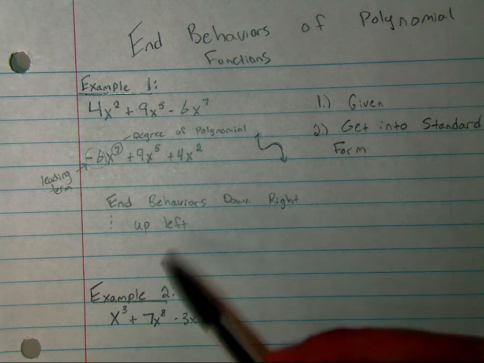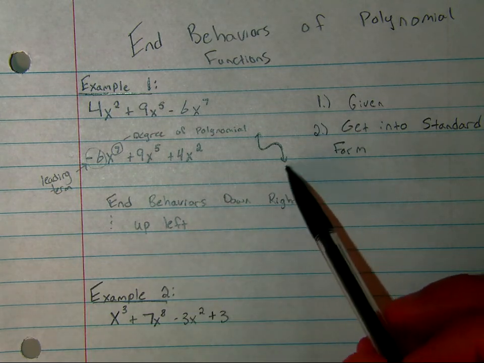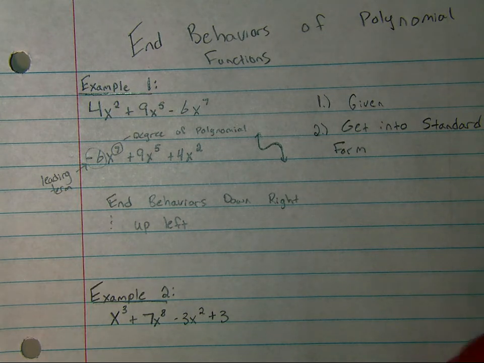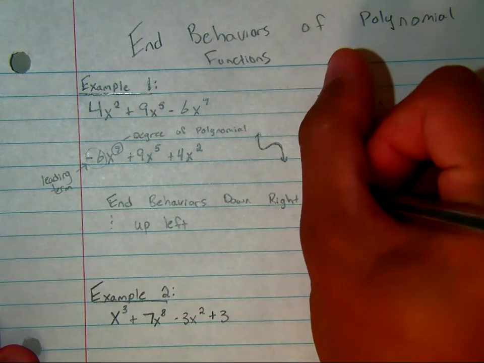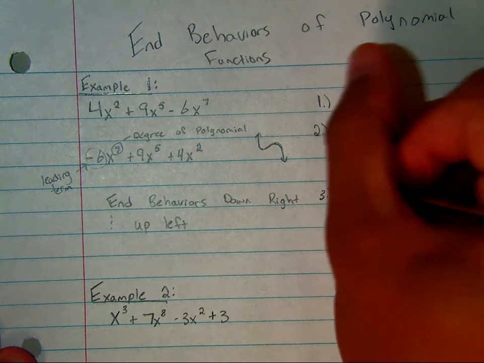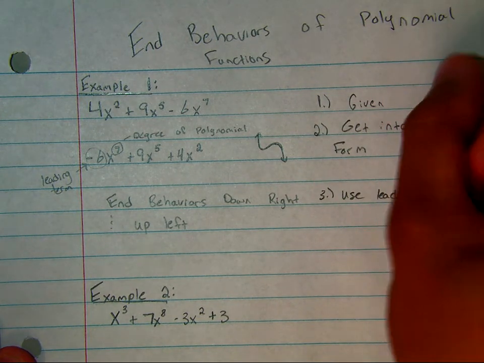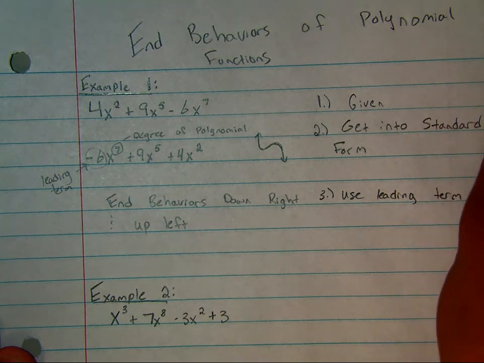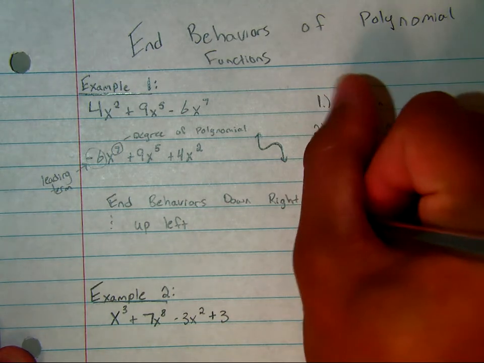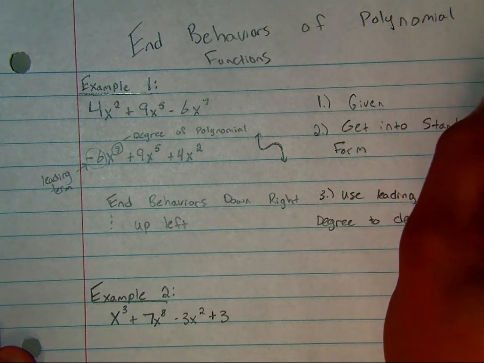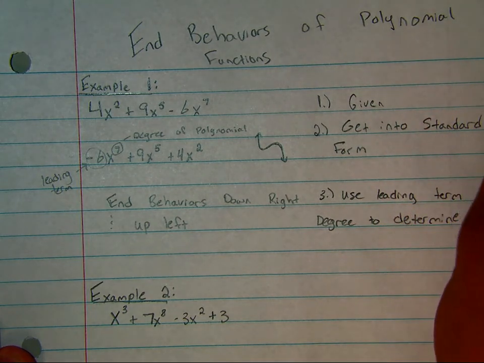All I know is the end behaviors: on the right it's going down, on the left it's going up. So the last step I did: use the leading term and degree to determine end behaviors.